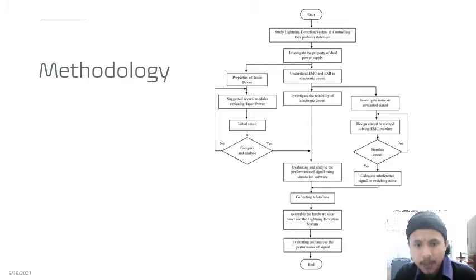Next, compare and analyze with a simulation using ORCAD. On the right side, after understanding the EMC and EMI electronic circuit, we investigate the noise or unwanted signal, and design a circuit or method to solve the EMC problem. So that's the flowchart.